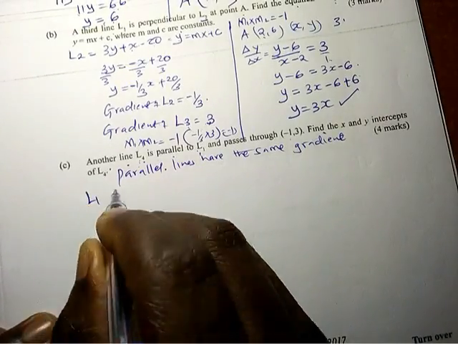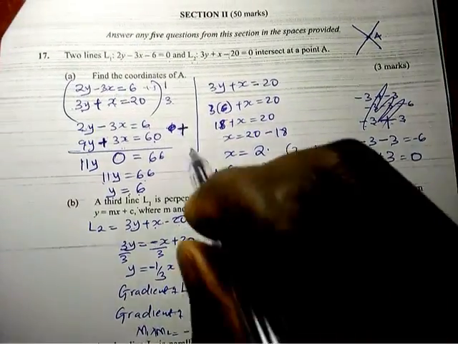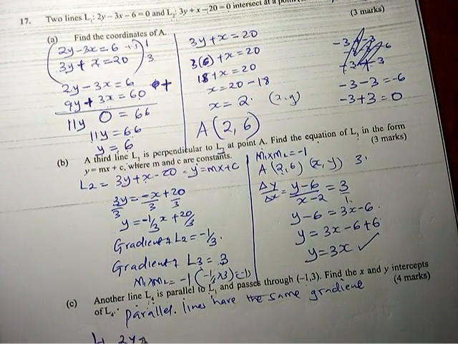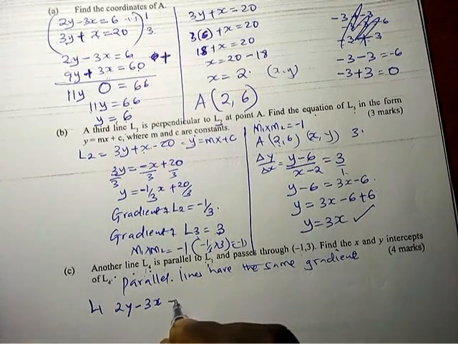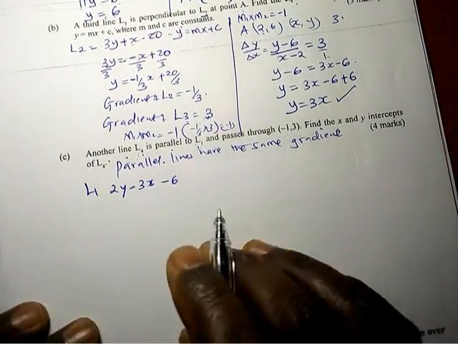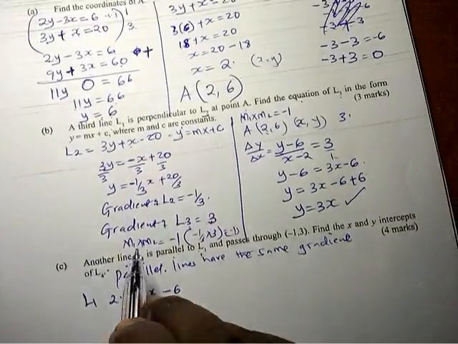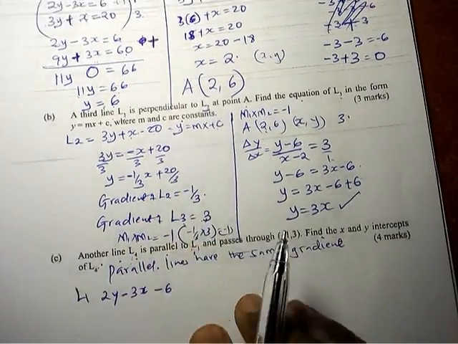So L1, the equation was 2y minus 3x minus 6. To get the gradient, you must write this equation in the form y equals mx plus c.